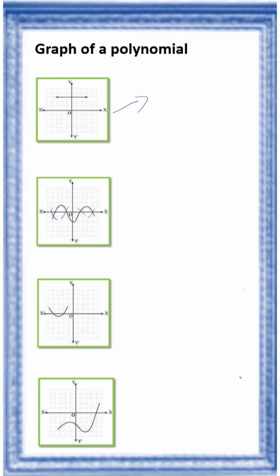Here the number of zeros is 2, so this is what? Quadratic polynomial. Here the number of zeros is 1. This is a linear polynomial. If it cuts the x-axis 3 times, then the number of zeros is 3. It is a cubic polynomial.